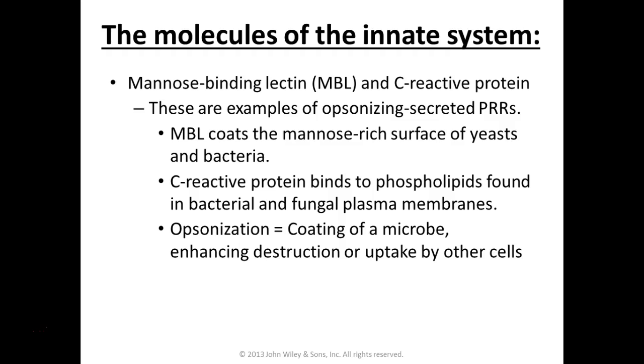C-reactive protein, on the other hand, binds to something else. It binds to phospholipids, and again, phospholipids that are unique to bacteria and fungal cells. So different from our phospholipids. Right? Opsonization, they opsonize, they tag for destruction by phagocytic cells or a complement system.